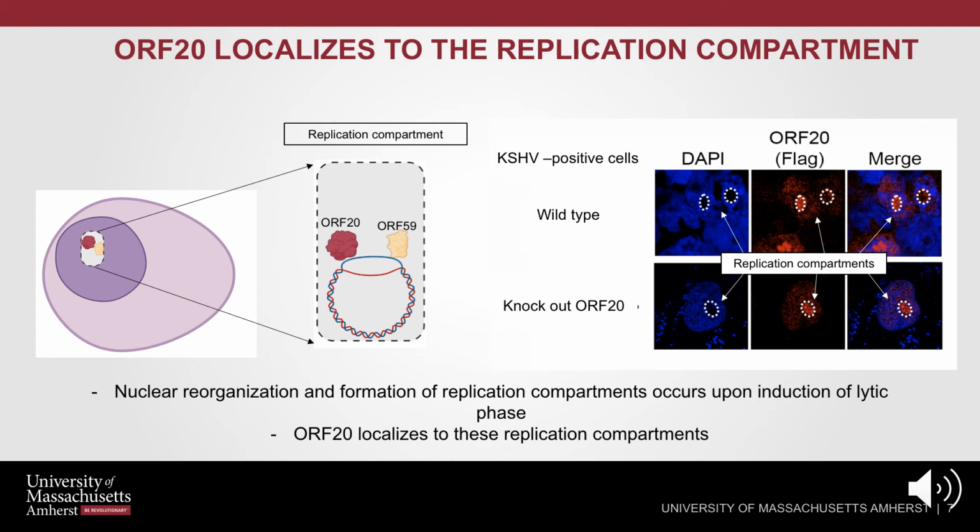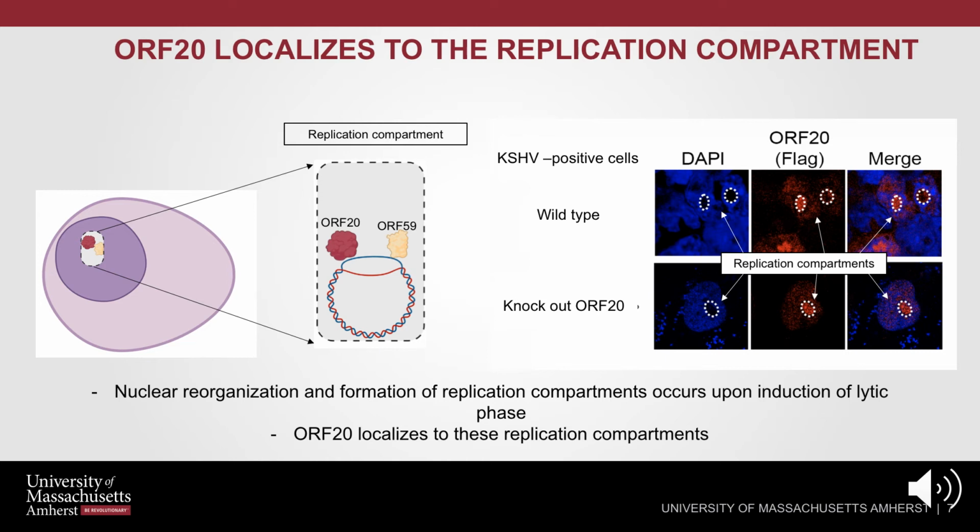To examine where ORF20 localizes to in the cell, we first established a cell line that is deficient in ORF20, and we also used wild-type KSHV infected cells. A tagged ORF20 protein was transfected into both these cells, which allowed us to visualize the location of this protein in both these cell lines via the red staining.